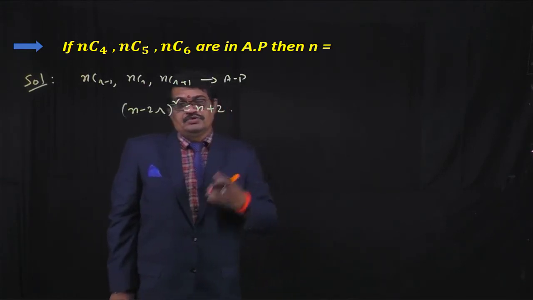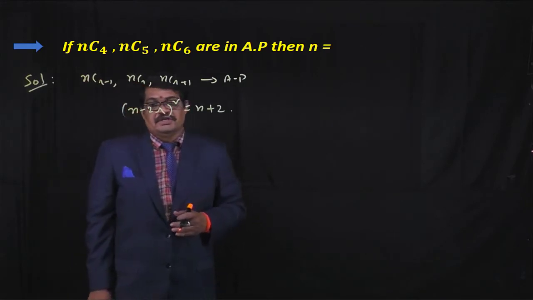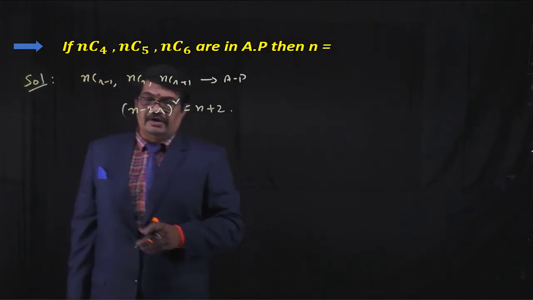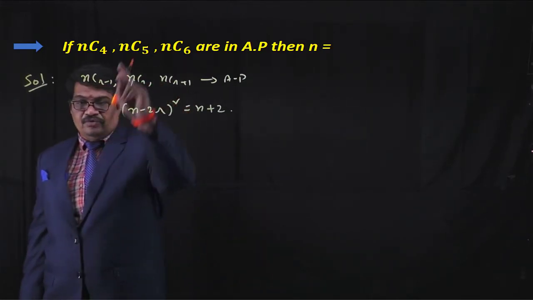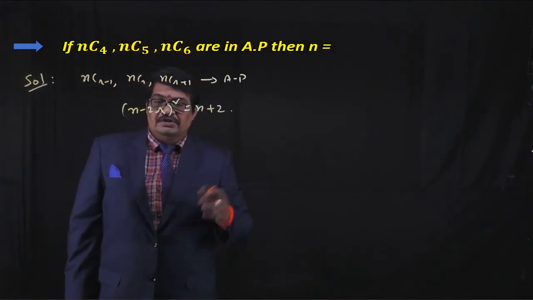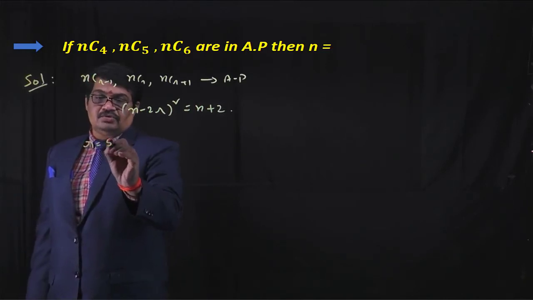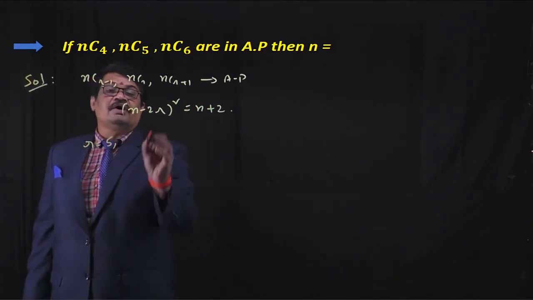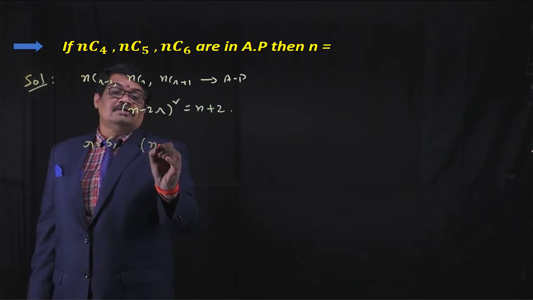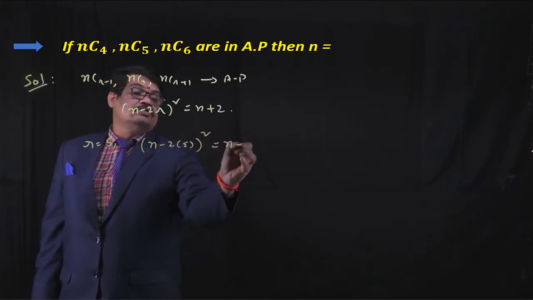Using this formula we are finding the value of n. Given nC4, nC5, nC6 are in AP, what is r here? Here r is equal to 5. So now substitute r is equal to 5 in that: n minus 2 into 5 whole square is equal to n plus 2.